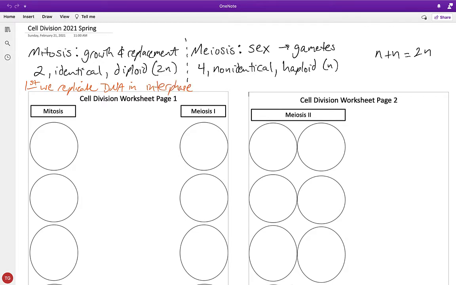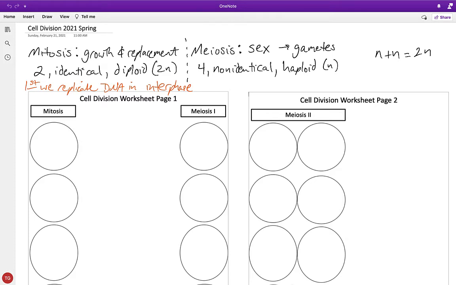We double our genetic material because in mitosis, what we want to do is to create 2 identical copies of a cell. That does mean that we need to have identical copies of the DNA as well as extra organelles that are also made during interphase. When we talk about mitosis or meiosis, those are the processes by which we take this DNA and split it up between what are going to become 2 cells.